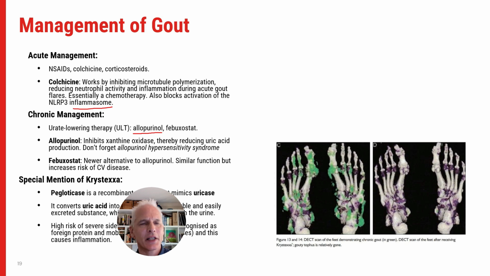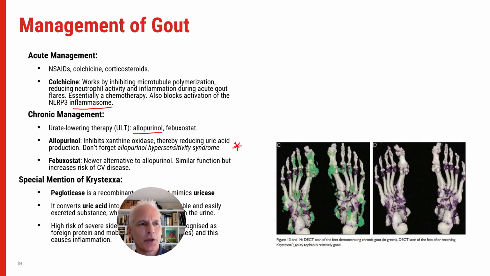It has a similar function to allopurinol, but it does increase the risk of cardiovascular disease, unfortunately, but it also avoids the issue of allopurinol hypersensitivity syndrome. So both of them have their complications. Generally, allopurinol is the one that most people are going to be using.